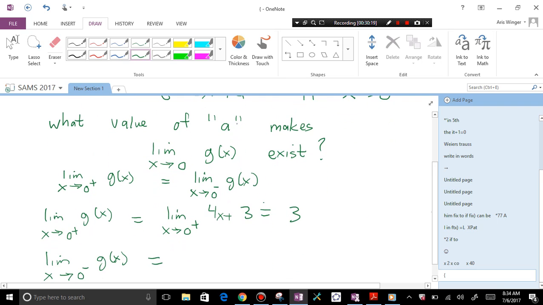It's the other way around, right? 3x plus A. Plugging in 0 for x, that's A. The limit as x goes to 0 from the left of g of x is equal to the limit as x goes to 0 from the left of 4x plus 3. That is equal to 3, and of course we need these to be equal. So that's why it needs to be 3.